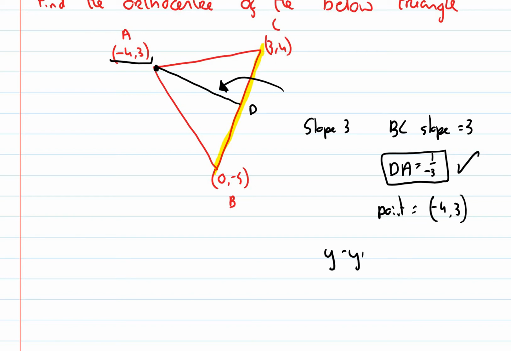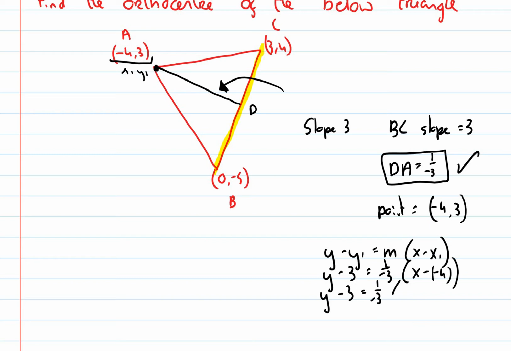y minus y1 equals m(x minus x1). Okay, so we have y minus, this is x1, this is y1, so y1 is 3, equals, the slope is 1 over minus 3, x minus x1, which is minus 4. So we'll be left with y minus 3 equals 1 over minus 3 times (x plus 4).